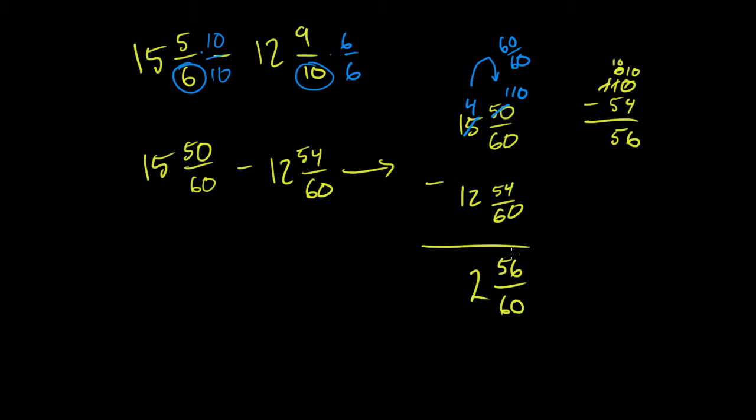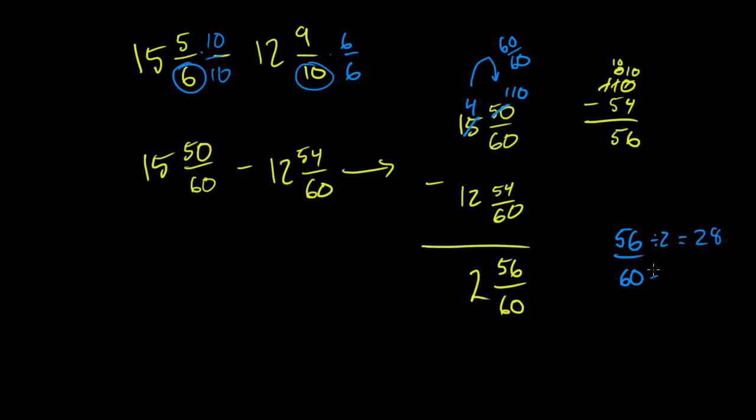I get my answer, but it doesn't look like it's in simplest form because I have 2 even numbers here. So I know I could simplify this fraction a little bit more. I'm going to show 56 over 60, and I just want to think about how I could simplify it. Is there any number that I can divide from the numerator and the denominator? Well, I know I could divide them both by 2. If I divide 56 by 2, I get 28.